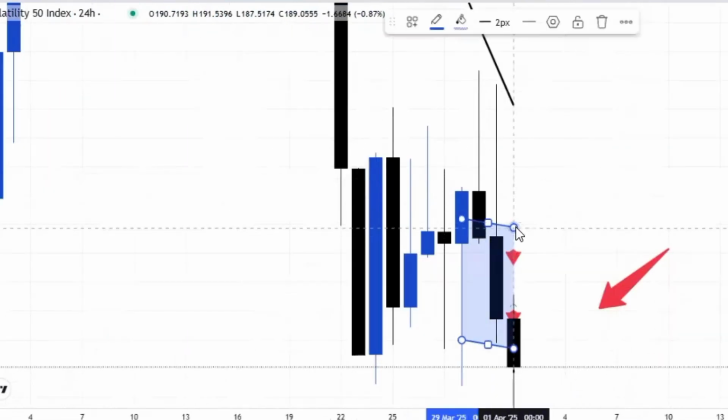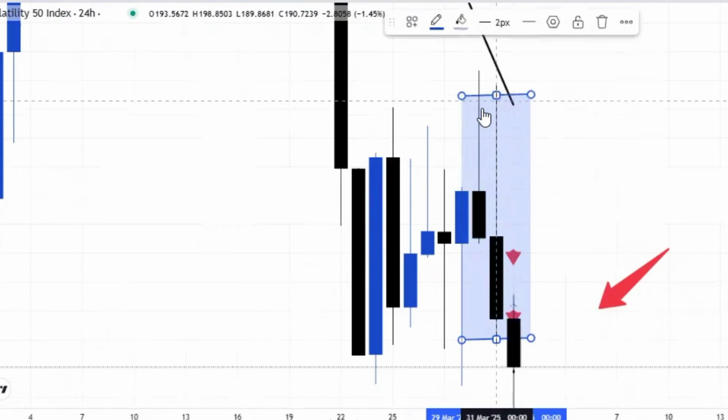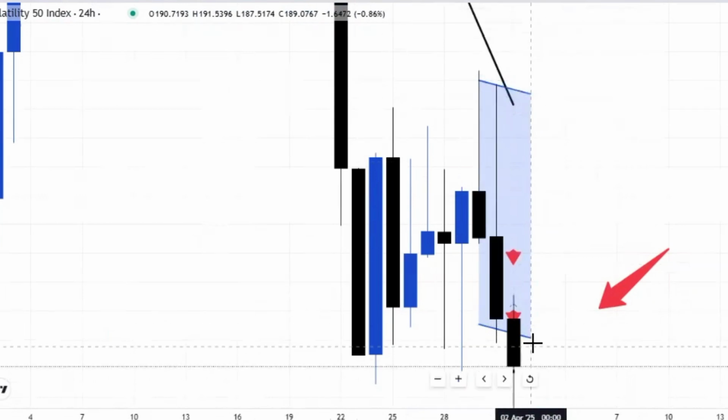Now this is where the market, mind you, started from this week here. So let me remove this one from here.